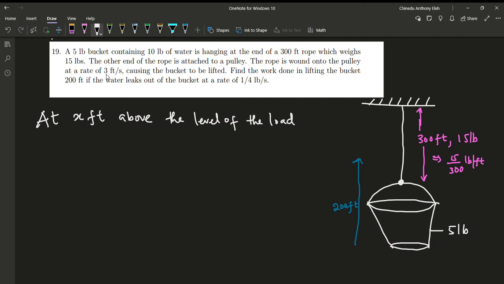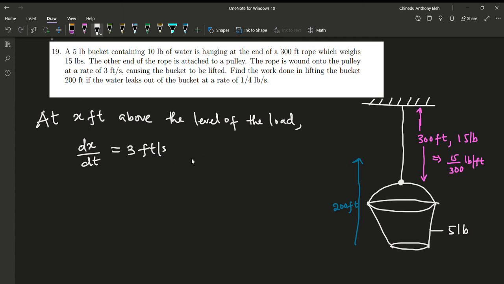So we're told that whether at x feet or at any point in time, the rate of this movement with respect to time is 3 feet per second, right?